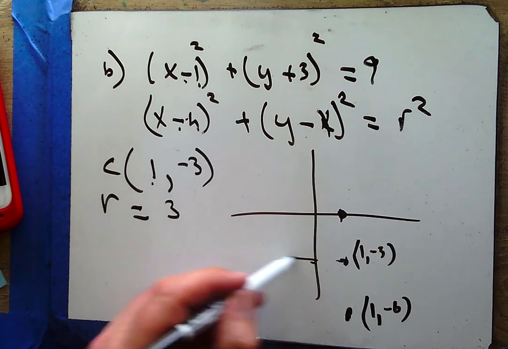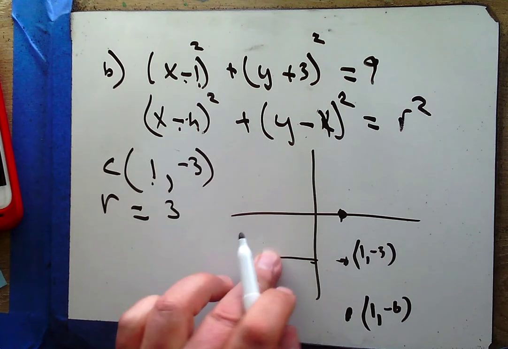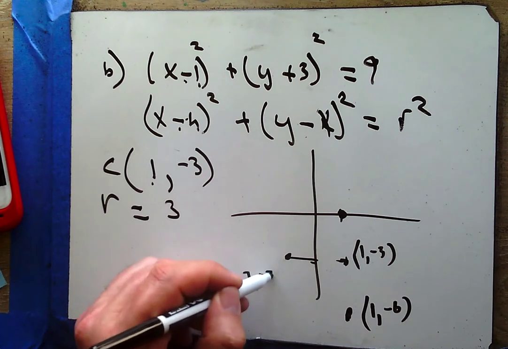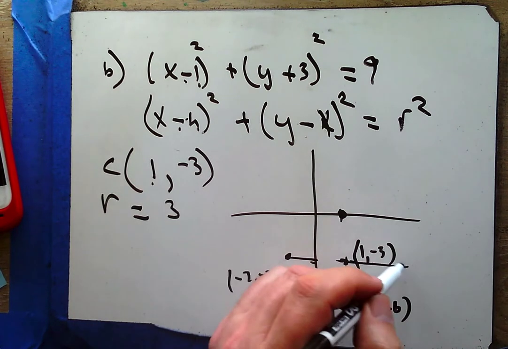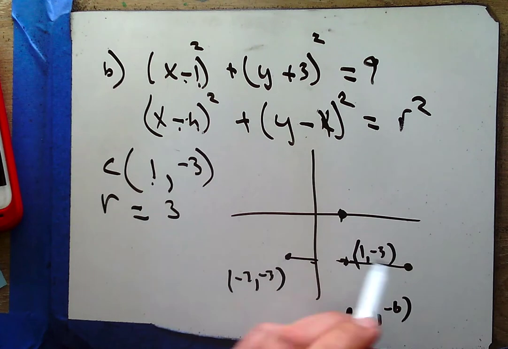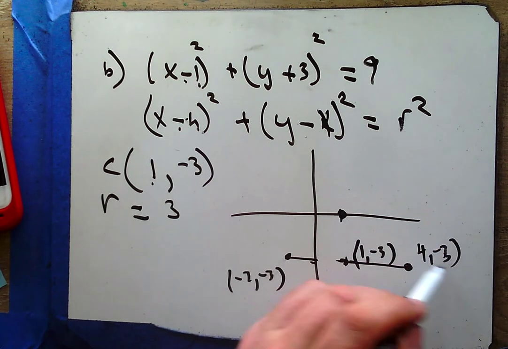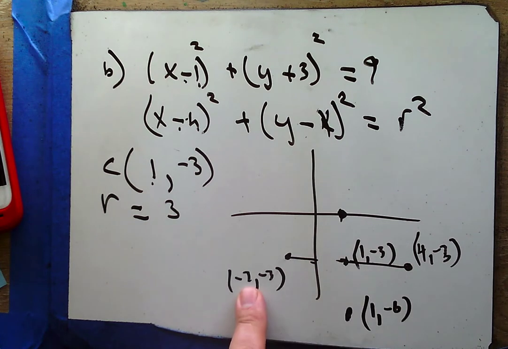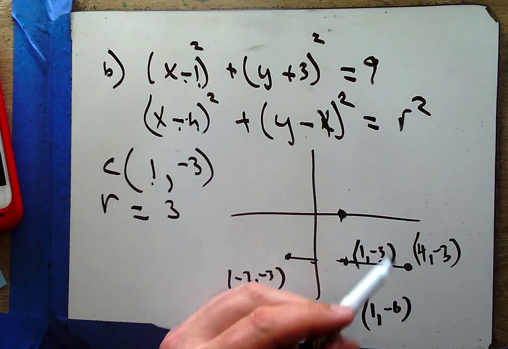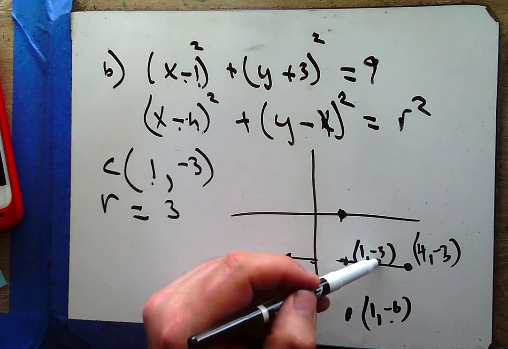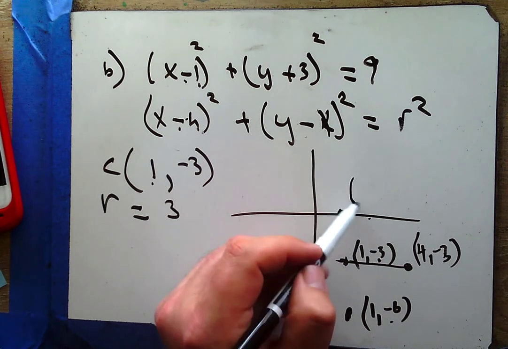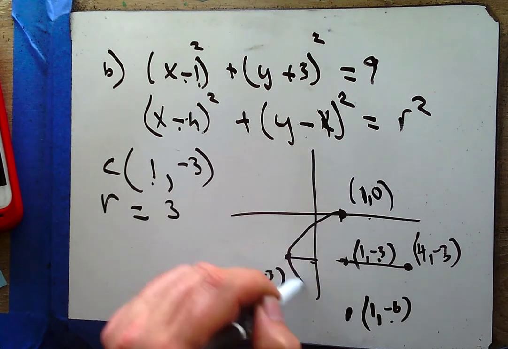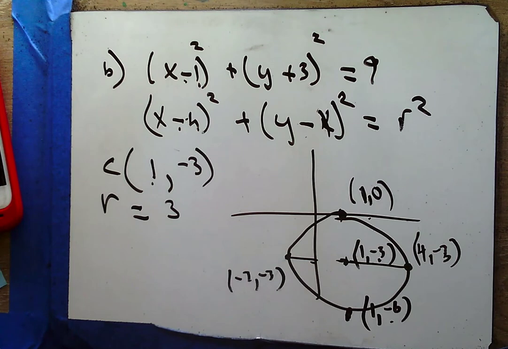I'm going to go left 3, which will be negative 2, negative 3. And I'm going to go right 3, which will be 4, negative 3. 1 plus 3 gives me that 4. 1 minus 3 gives me that negative 2. Negative 3 minus 3 is negative 6. And negative 3 plus 3, because I'm going up 3, will give me 0. So there's my circle.